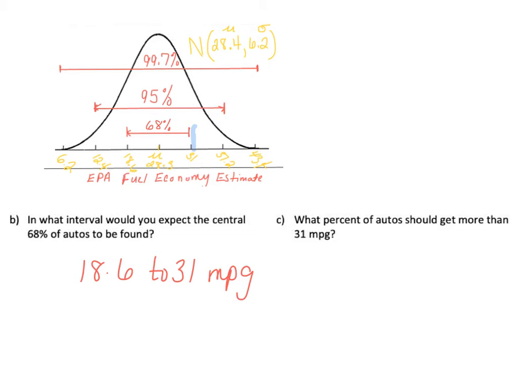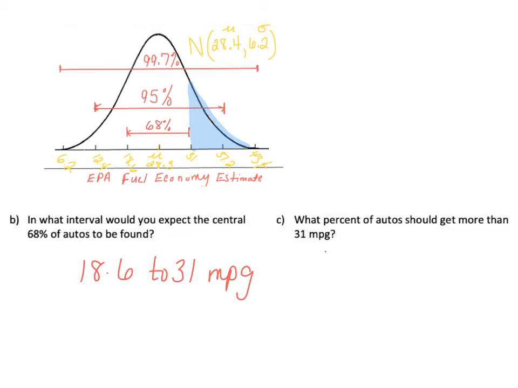So here's 31, so more than 31 would be the proportion of vehicles in this part of your density curve. So altogether, we know that the area is 1 or 100%.